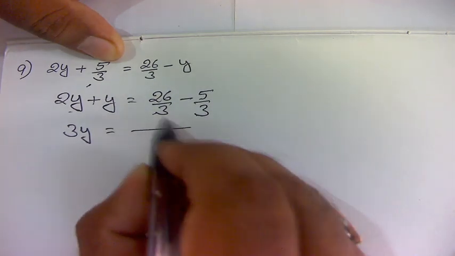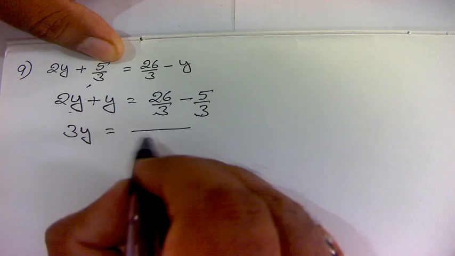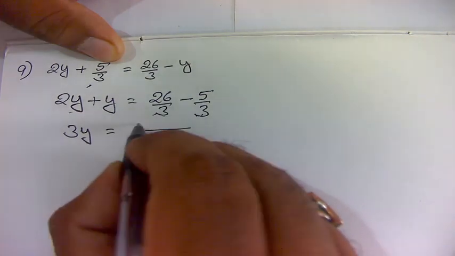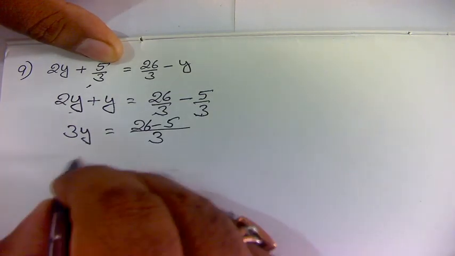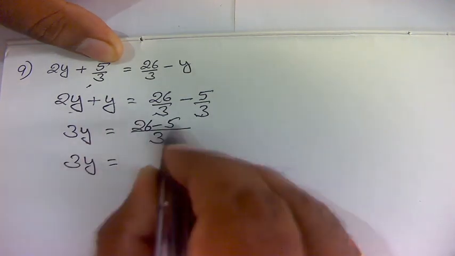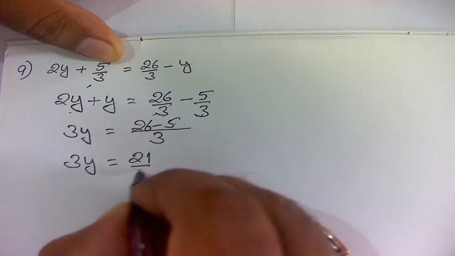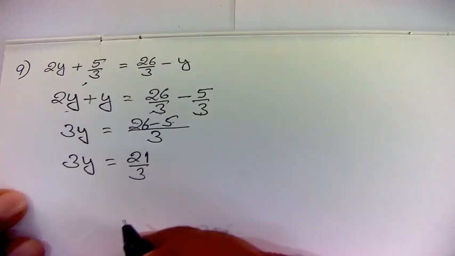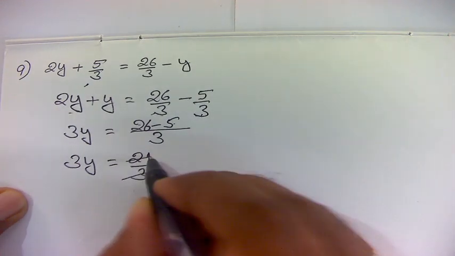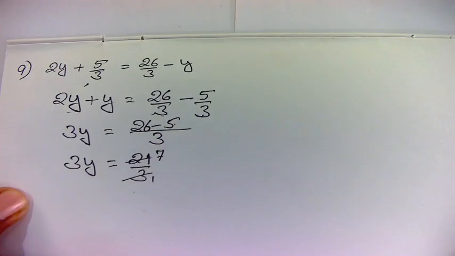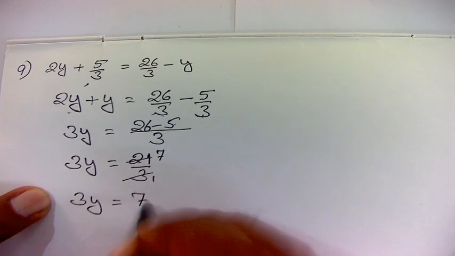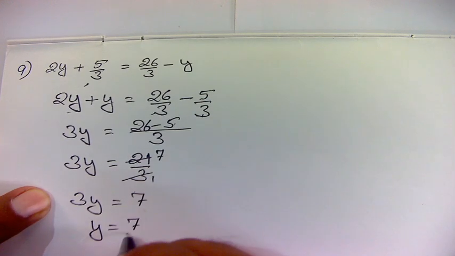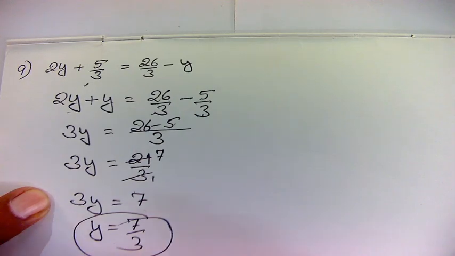On the right side, both have the same denominator, so LCM remains 3, and in the numerator you will have 26 minus 5. So you get 3y equals to 21 upon 3. Now 21 upon 3, you can simplify it. You get 7 upon 1, or say simply 7. So 3y equals to 7 and y equals to 7 upon 3.